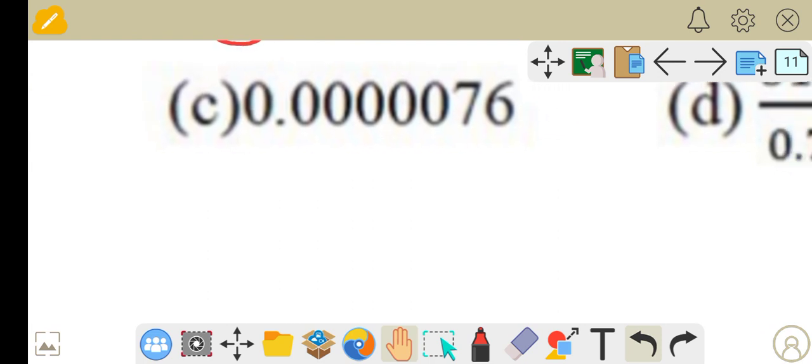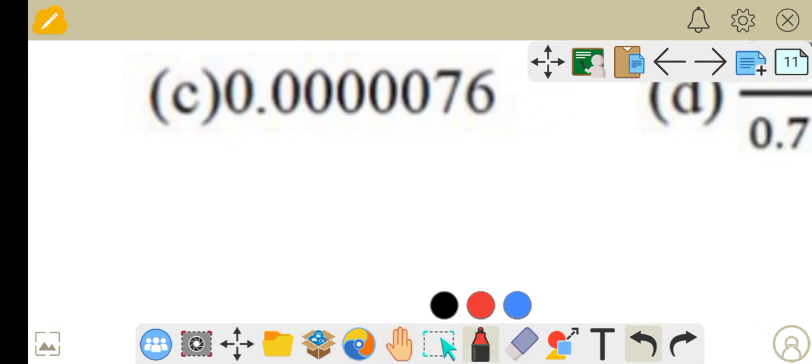In the C part, we need to move a decimal from this place to this place, because we want to write in standard form. So we put the decimal after one digit.